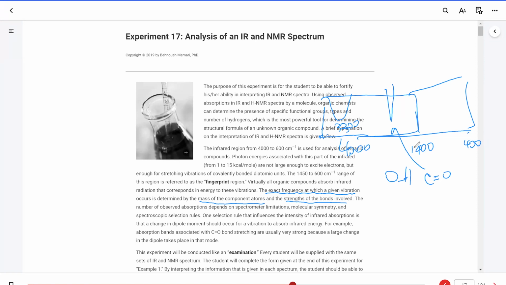The design of the experiment is based on change in dipole moment. When you have a polar bond like C=O or OH, the peaks are stronger than for a C≡C triple bond, which can show a peak around 2,200, but it is a shorter, weaker signal.